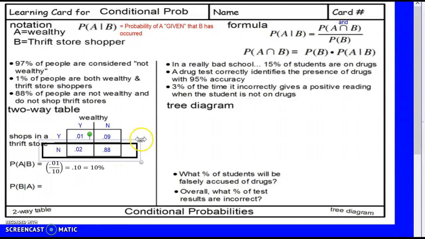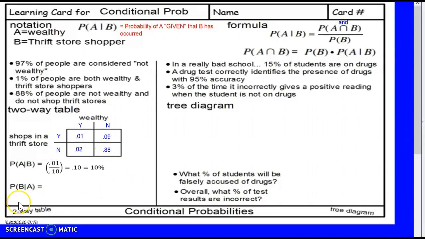I just want to look at the properties and fill it. There we go. As I look right here, I am covering up those that are not thrift store shoppers. And so what is the probability of being wealthy given that you are a thrift store shopper? Well, it's 1% out of the total of 10%.